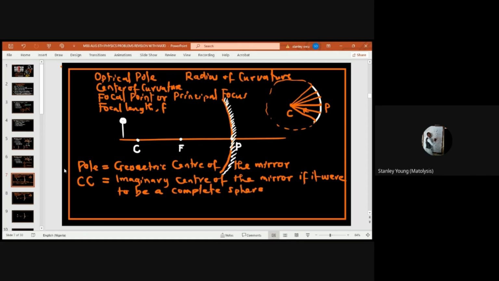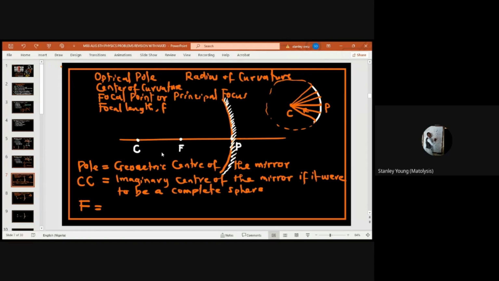So we also have the principal focus, denoted by capital F. It is an imaginary point that exists between the center of curvature and the pole.